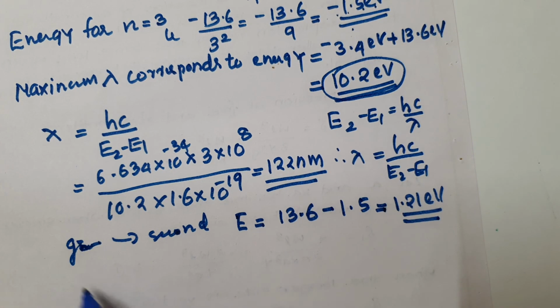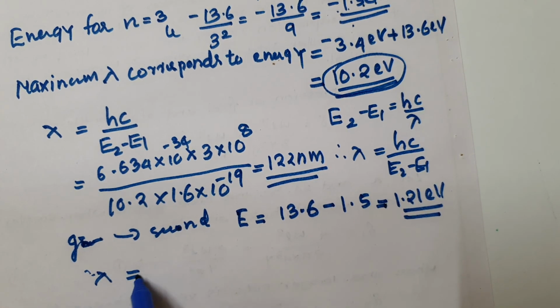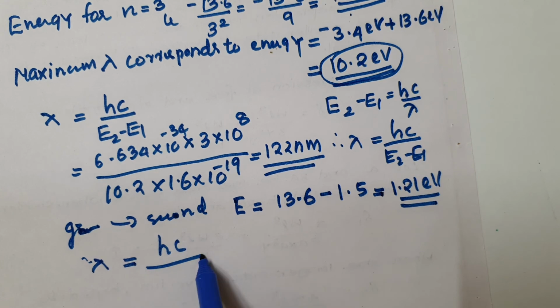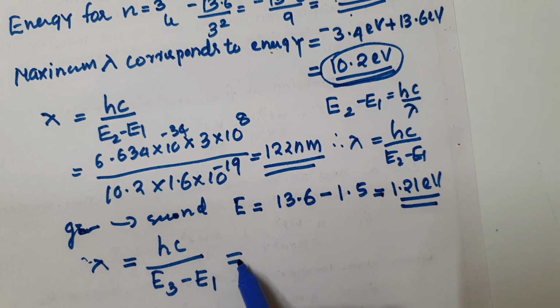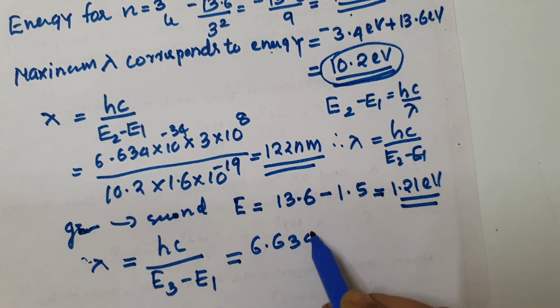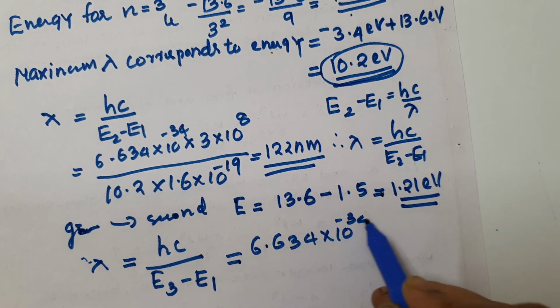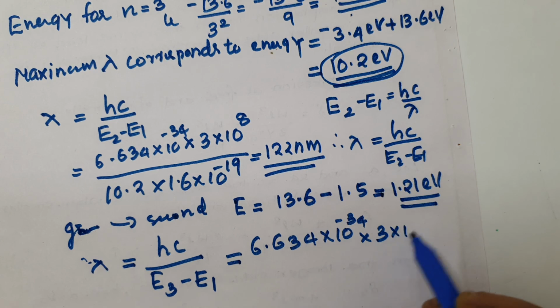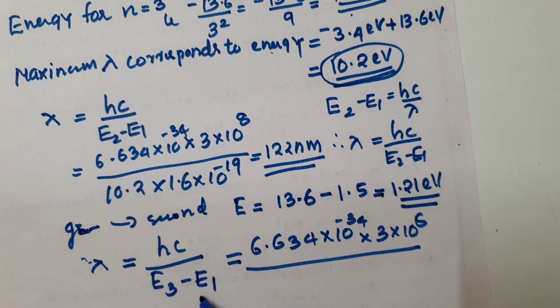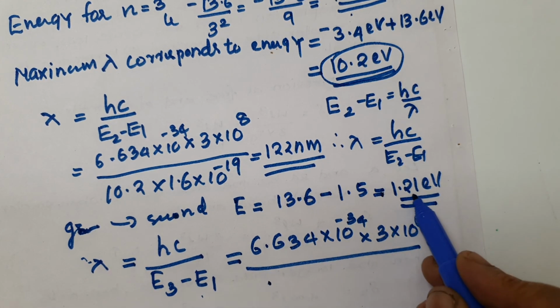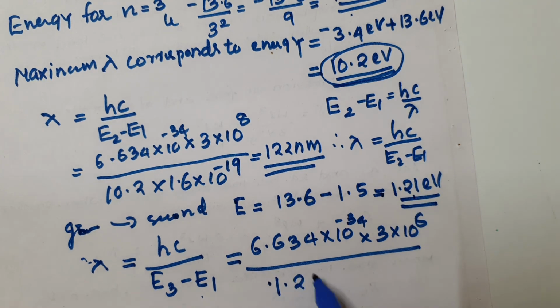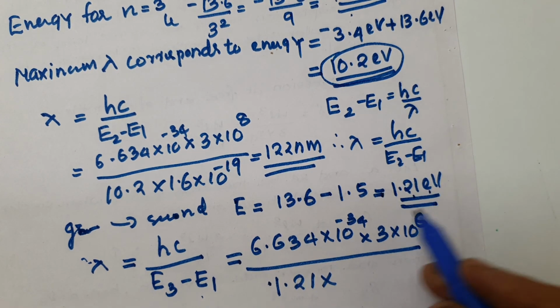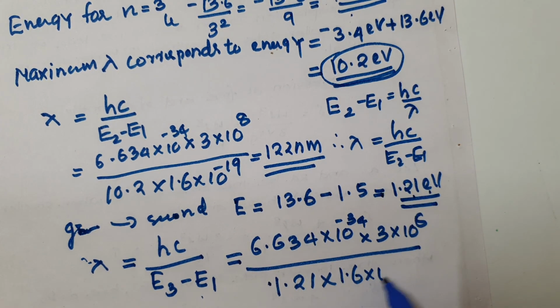The corresponding wavelength lambda is equal to hc divided by E3 minus E1. That is 6.634 into 10 raised to minus 34 into 3 into 10 raised to 8 divided by 12.1 eV, converting electron volt into joule by 1.6 into 10 raised to minus 19 joule.